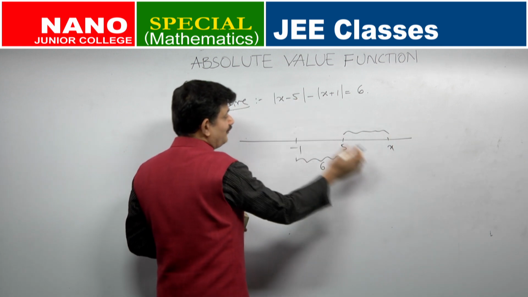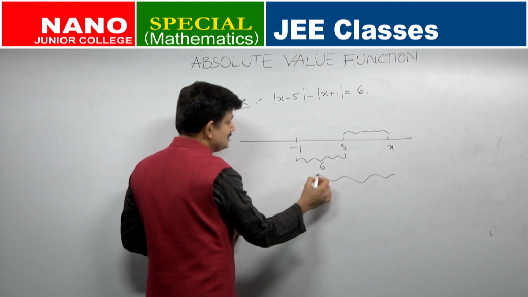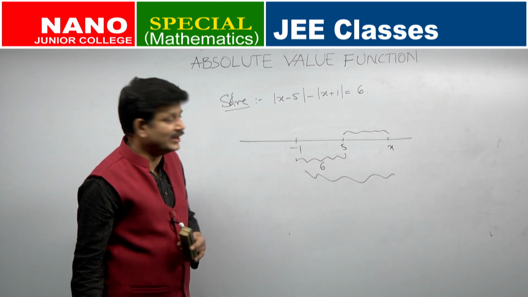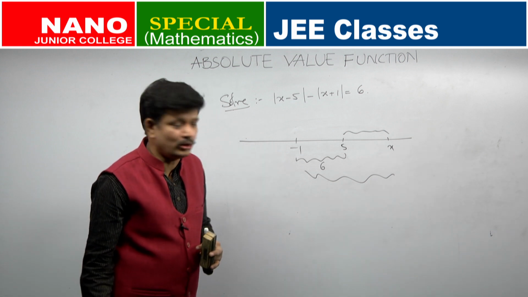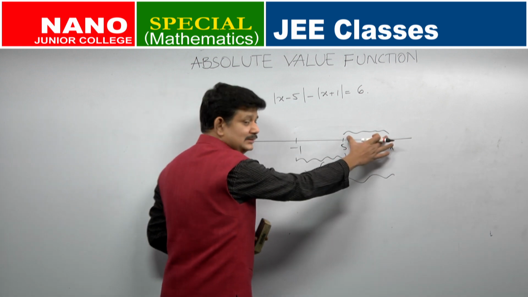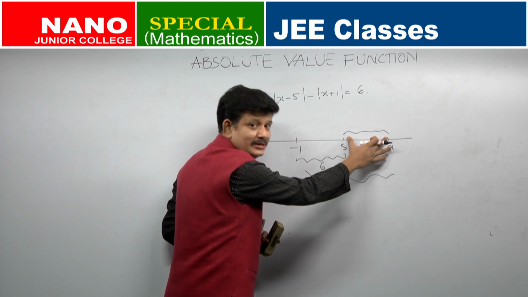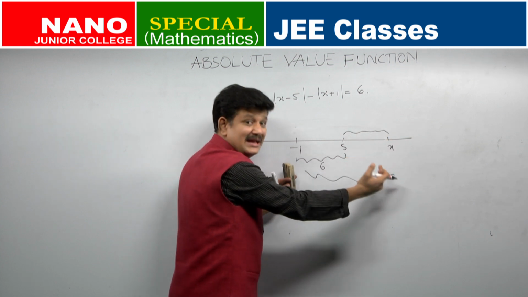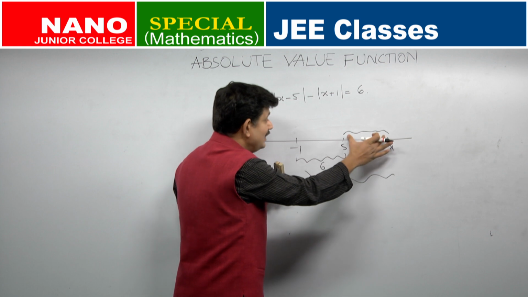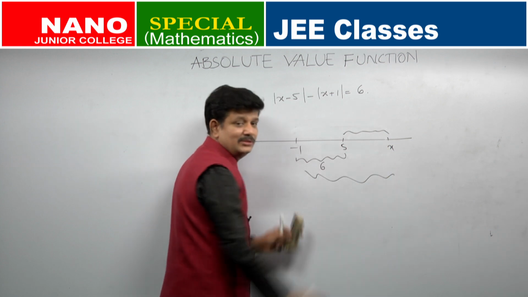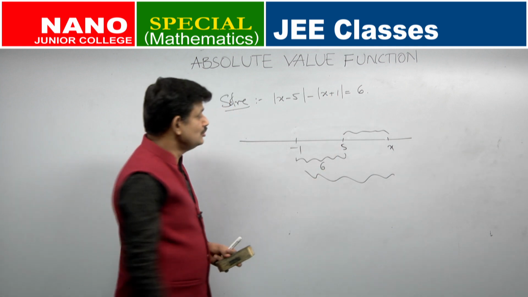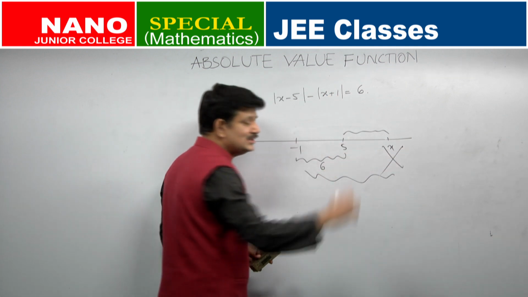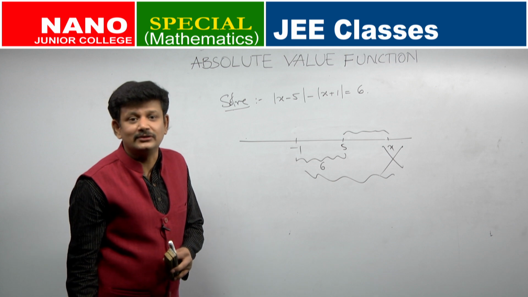Distance of x from 5 minus distance of x from minus 1, I want it to be 6. Will it be 6? No, right? Why? This distance is a smaller distance, this distance is a larger distance, and a smaller number minus a larger number will give you a negative number, it cannot give you a positive number. So, you will not find any solution in this particular case.